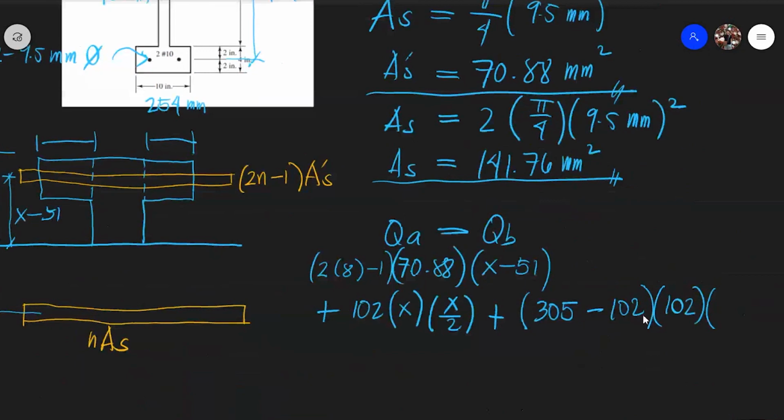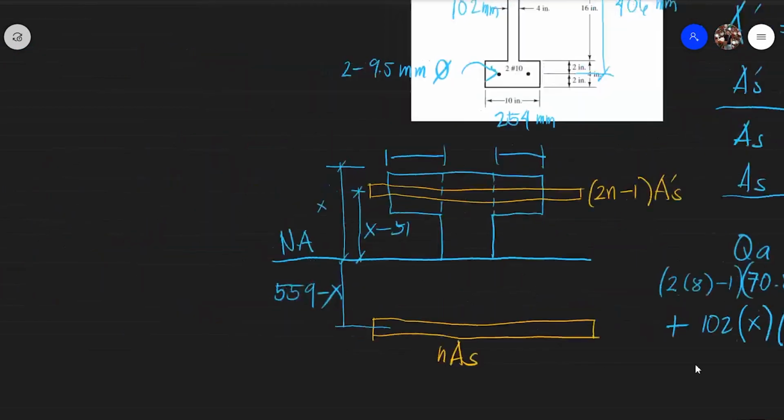This is 305 minus 102. Let me try to explain that first.